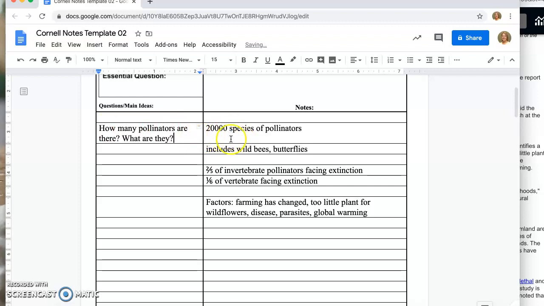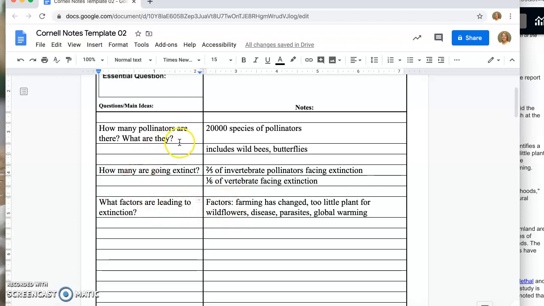Now that's answered by these 2 questions. How many are going extinct? There's a question that I can answer for that, and it's answered by 2/5 and 1/6. And then what factors are leading to extinction? And then it's answered by those things.